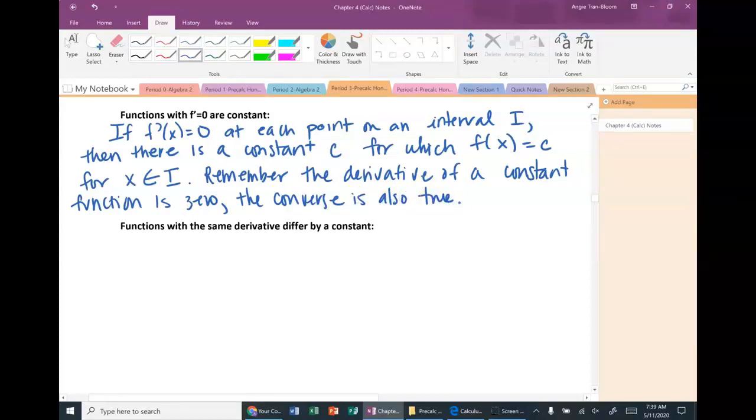Now our second definition is functions with the same derivative differ only by a constant.